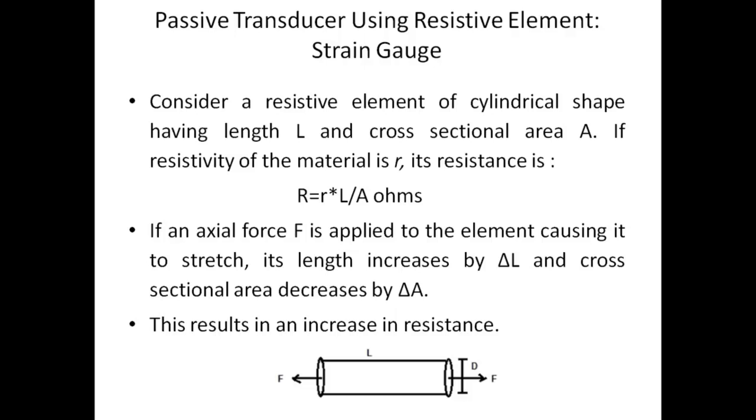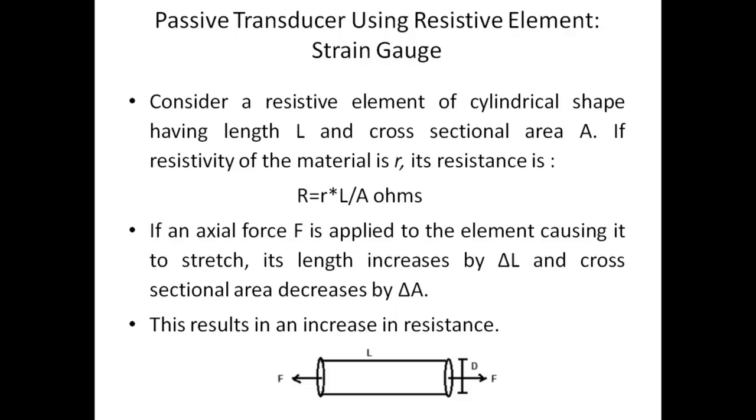Now this will result in an inverse effect, that is the resistance will actually decrease. Okay, because from the formula we can see resistance is directly proportional to length but inversely proportional to area. So if length decreases and area increases, the resistance will decrease. So that will again show a corresponding deflection in the voltage of that particular circuit, right?